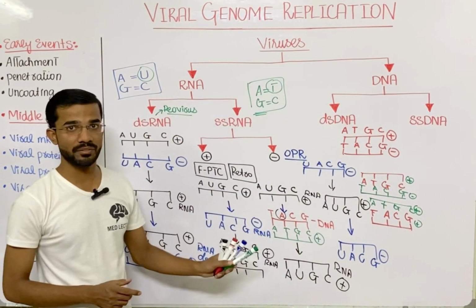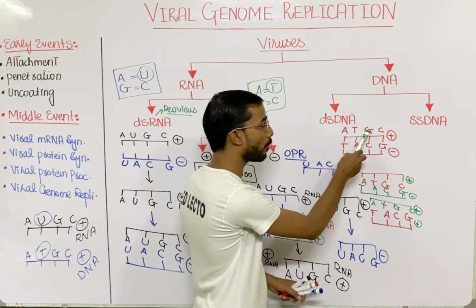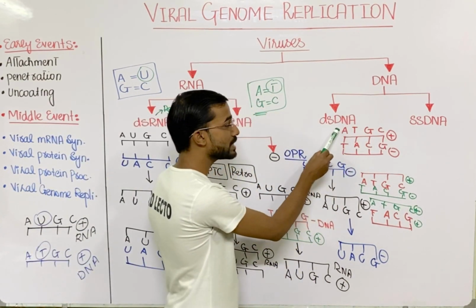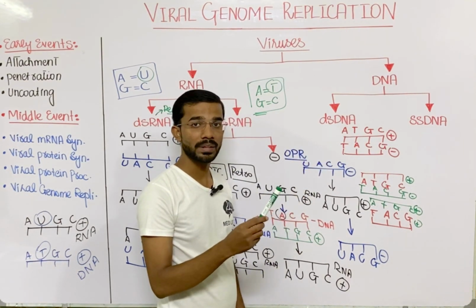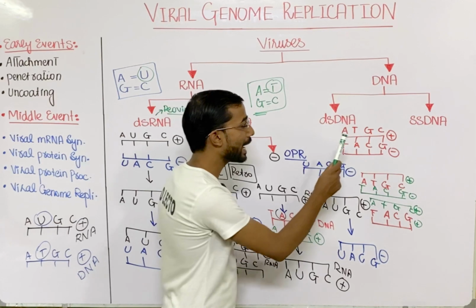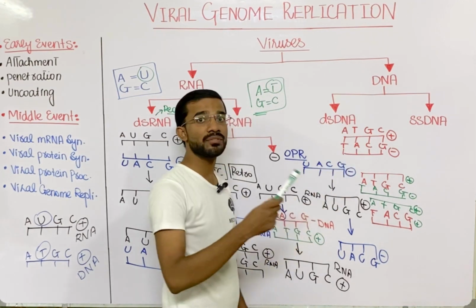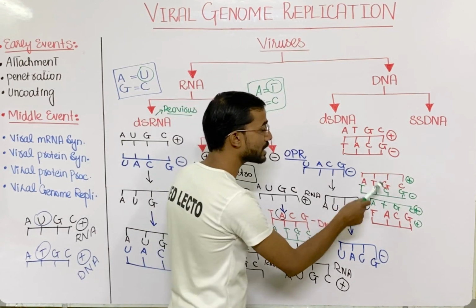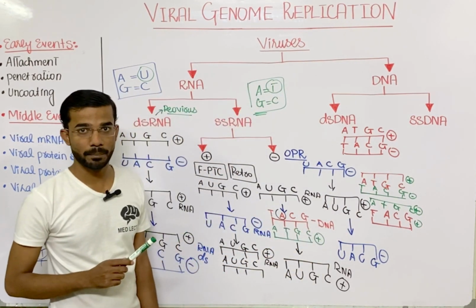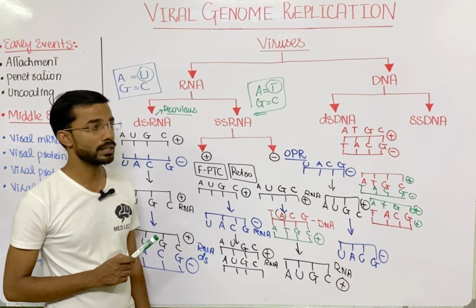That is semi-conservative. Both strands separate. The positive strand will act as a template and form the negative strand, and on the opposite side, the negative strand will act as a template and form the positive strand. So this is actually the semi-conservative method of replication of the DNA.